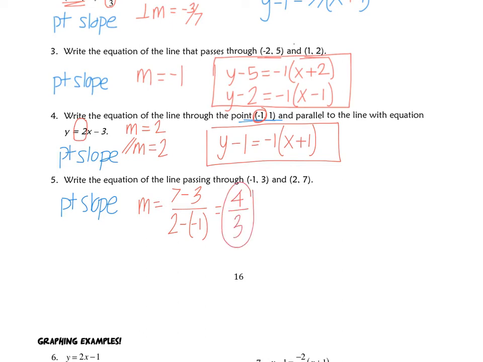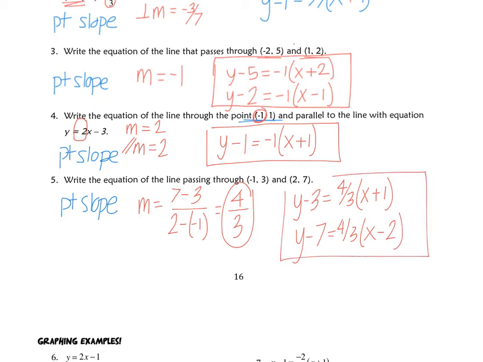And choose either point to plug in. y minus 3 equals my slope, x plus 1. Or y minus 7 equals 4/3 times x minus 2. Either one is allowed. Just take your time, find that slope.